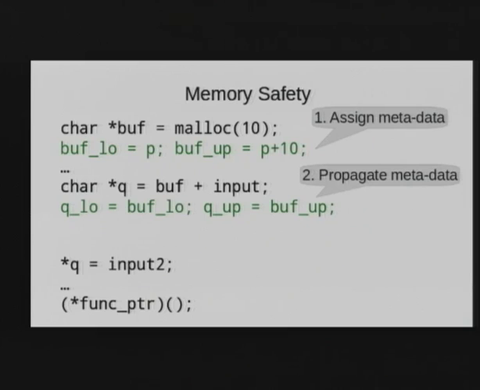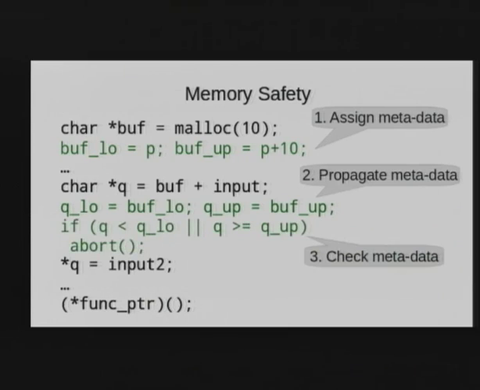So the pointer Q is updated as well with the pointer metadata of the buffer. And later on, if there's an access to the pointer, before that access, we add an additional check to ensure that the pointer is still in bounds. If the pointer is no longer in bounds, we abort the program with a memory error.